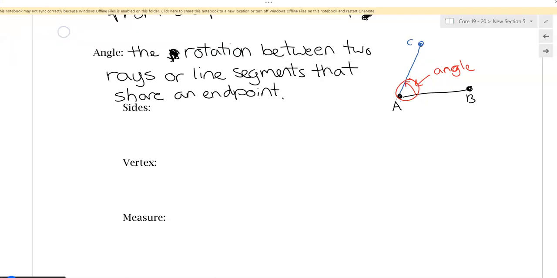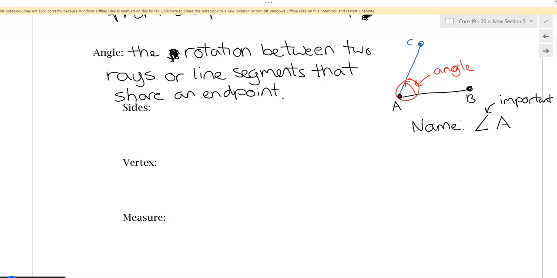The name of this angle, there are multiple ways to name this angle. Angle A. Just like the line is important, this part's important. If you miss that part, you're naming the point, not the angle. Okay?